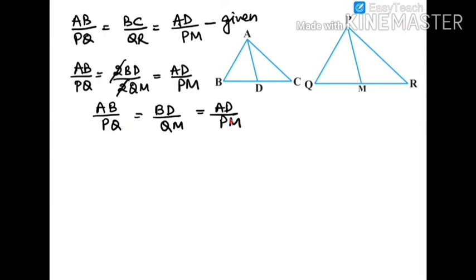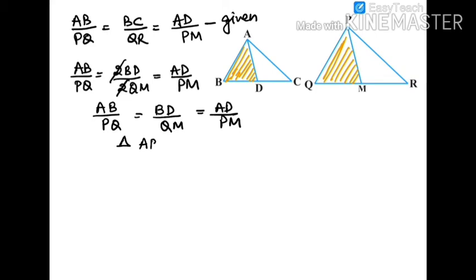Locate these ratios in the figure. AB upon PQ is equal to BD upon QM is equal to AD upon PM. So we have all three sides of triangle ABD proportional to corresponding sides of triangle PQM. So we can say that these two triangles are similar by SSS.